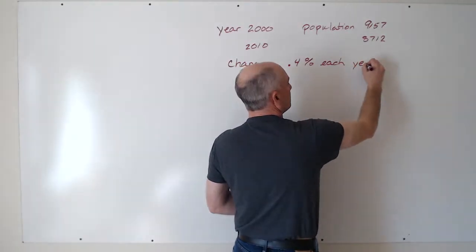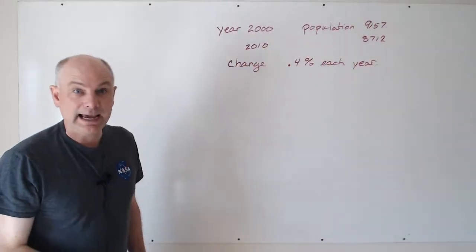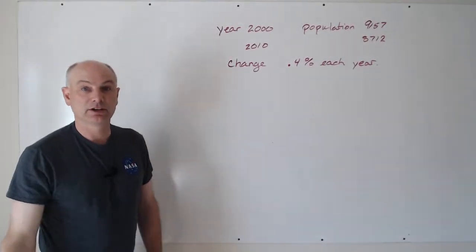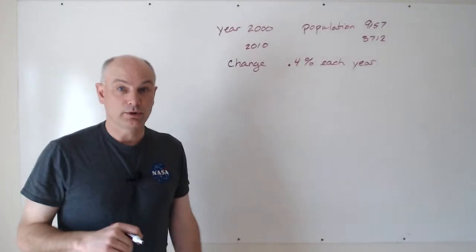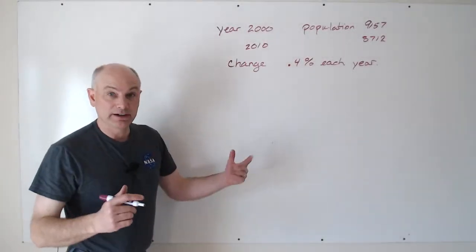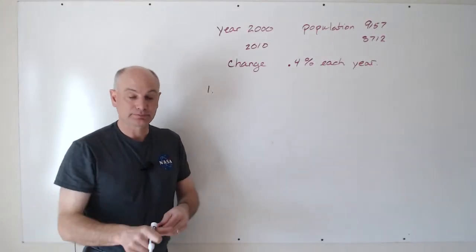Now, this was done specifically so you would have to determine whether we're looking at a decay situation or a growth situation. Well, how do I figure that out? In problem number 1, we're asked to write the model.